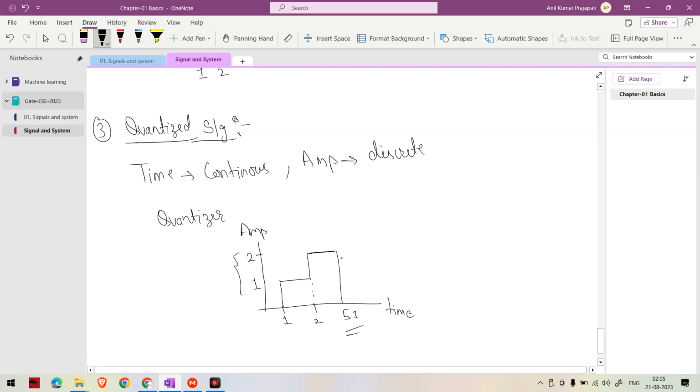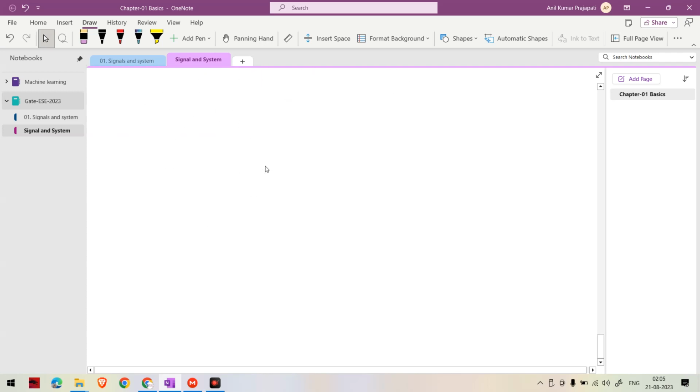To make both time as well as amplitude discrete, we first convert the continuous time signal into a discrete time signal using sampling, then we do the quantization, and then we do the encoding to make the signal in an appropriate form. So basically, the fourth type of signal is the digital signal.